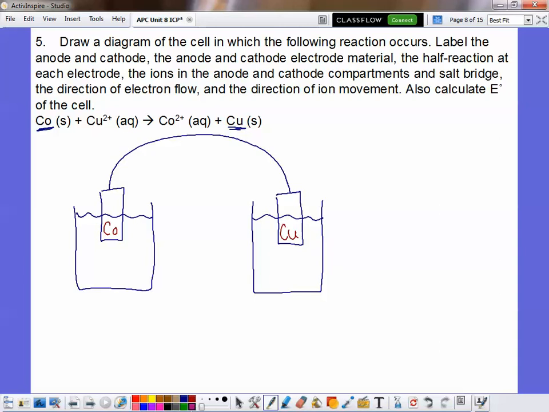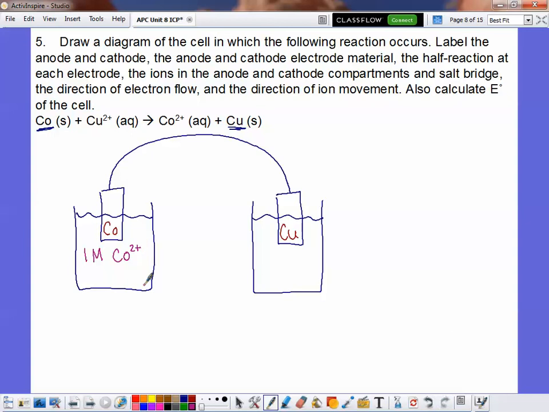Okay? Now, these metals are sitting in a solution that contains the same ion as the metal. So that means the cobalt electrode is going to be sitting in a solution that contains 1 molar cobalt ion.